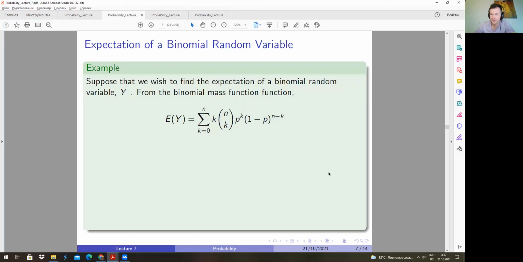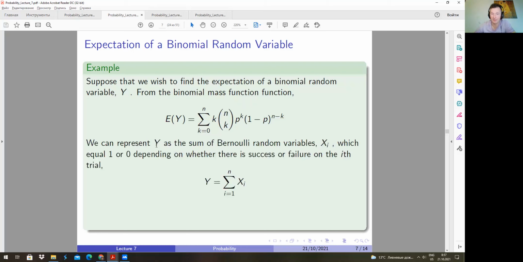It's difficult, right? So what we can do is represent Y as the sum of Bernoulli random variables X_i, which equal 1 or 0 depending on whether there is a success or failure in the ith trial. You remember that the binomial distribution is based on Bernoulli trials, 0, 1.